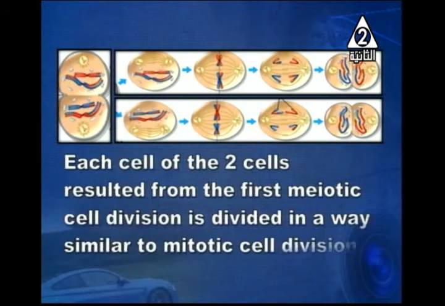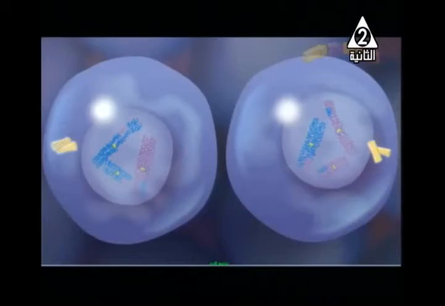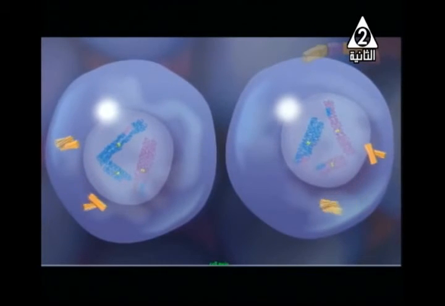Each of the two cells resulting from the first meiotic division divides in a way similar to mitotic cell division, to form 4 cells containing half the number of chromosomes at the end of the second meiotic division.